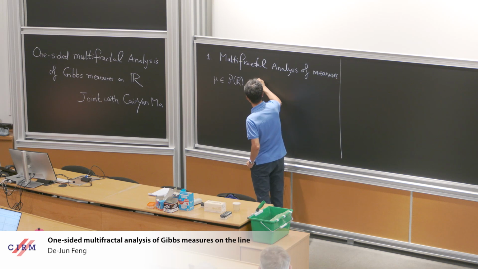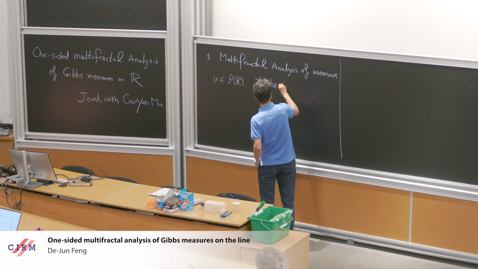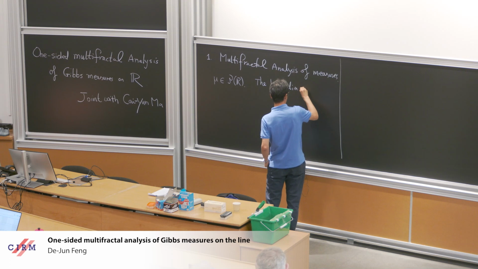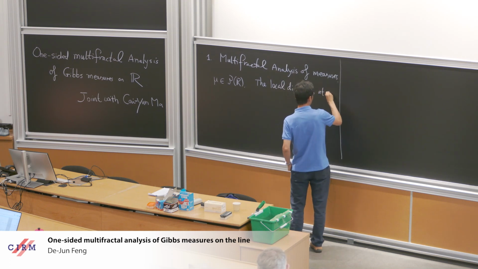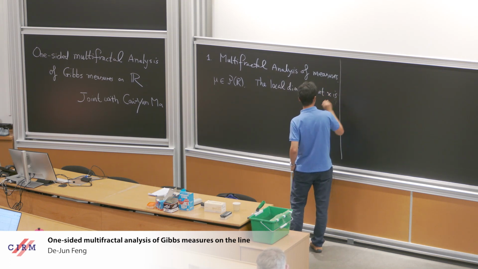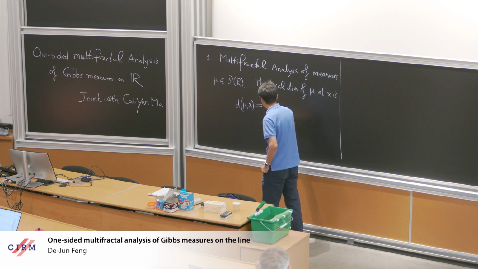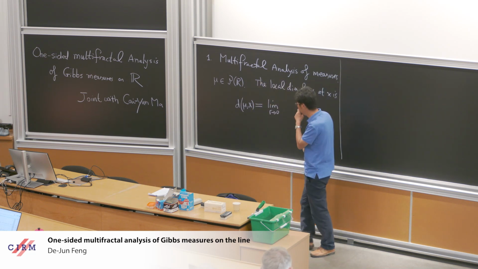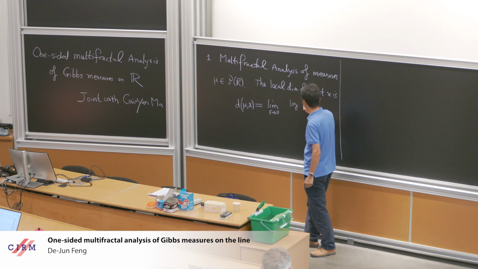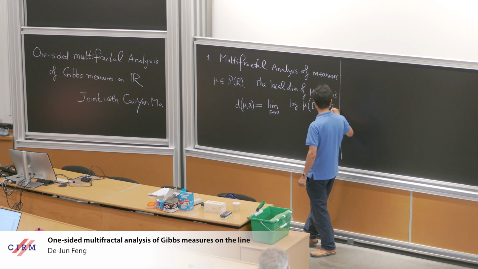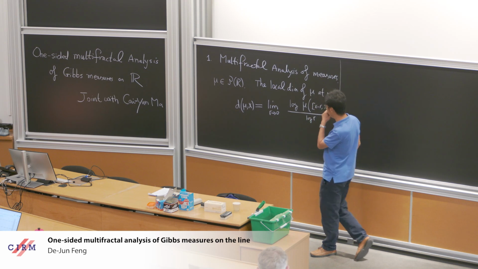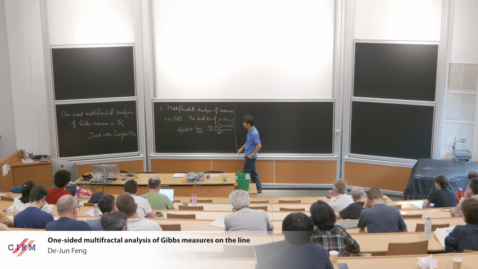So the local dimension of mu at a point x is defined by d mu x equal to the limit as r tends to 0 of the logarithm of mu of (x minus r, x plus r) over log r, if the limit exists.